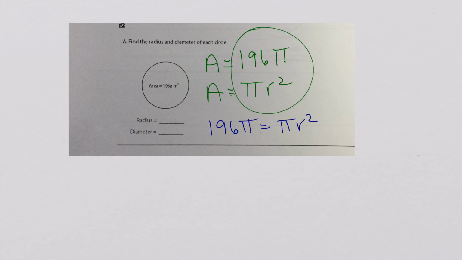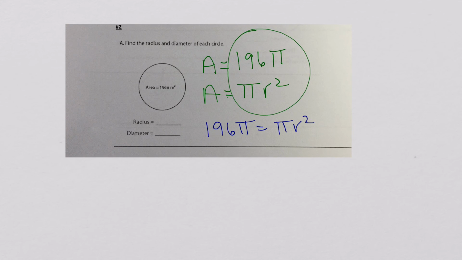Let's get rid of that first. When they're next to each other like this, they're being multiplied. Because they're being multiplied, in order to get rid of it or move it to the other side, we have to do the opposite. So if they're being multiplied now, the opposite is dividing. So let's divide by pi on both sides.